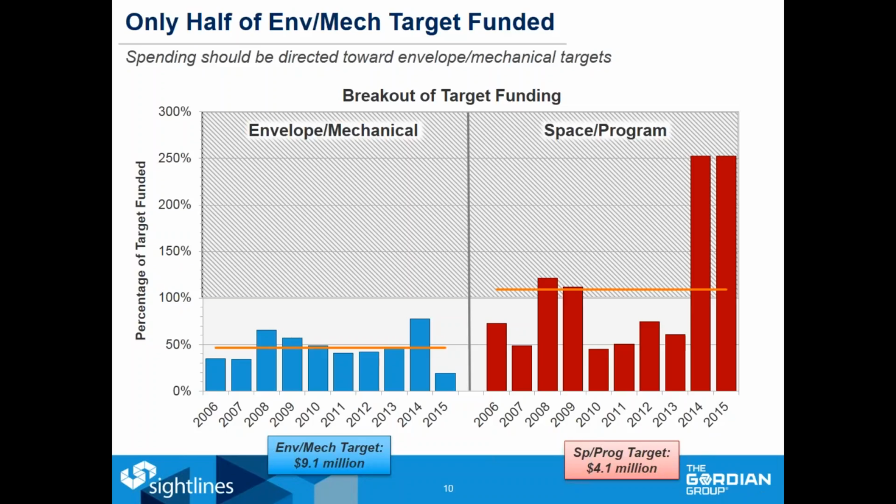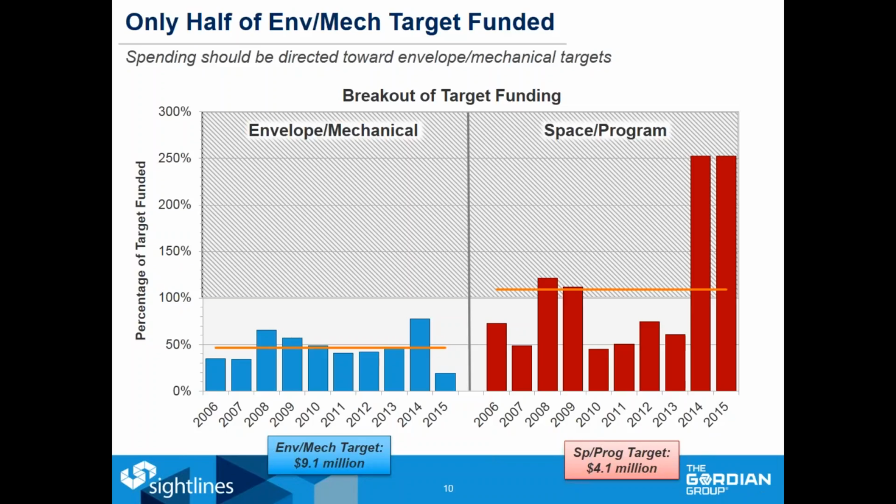This is a target for how much they should be investing in carpet, paint, chairs, things that beautify a campus and make it more aesthetically pleasing. So this institution used this business data, if you will, to say that they were falling behind on their target for envelope and mechanical.